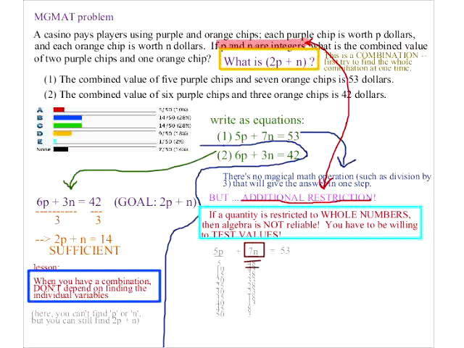So 48 doesn't work, neither does 43, neither does 38, neither does 33. 28 works, so there's a solution. Then 18 does not work, 23 does not work, 13 does not work. 8 does not work. 3 does not work. So it looks like we've only got one way of doing this. So that is sufficient. Algebra is not going to tell you that.